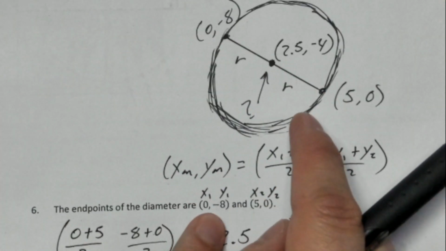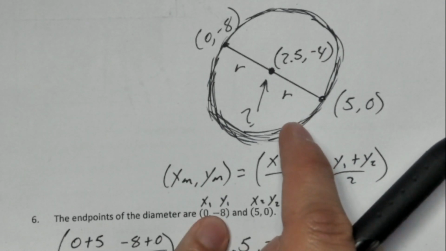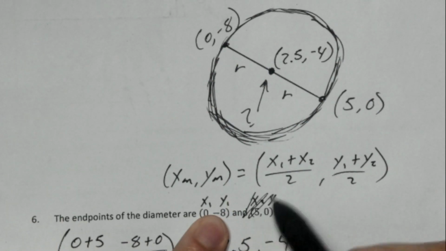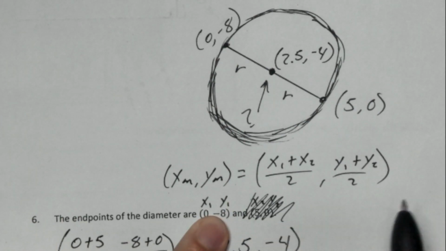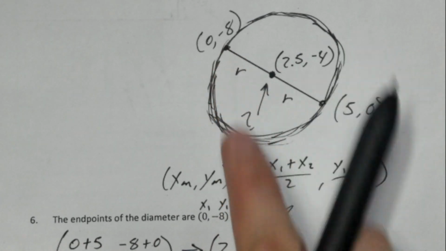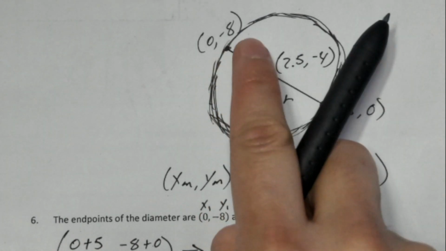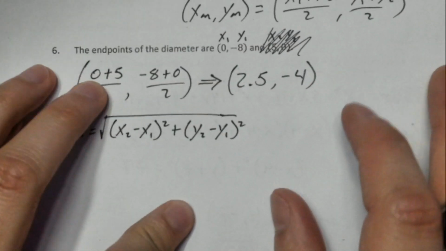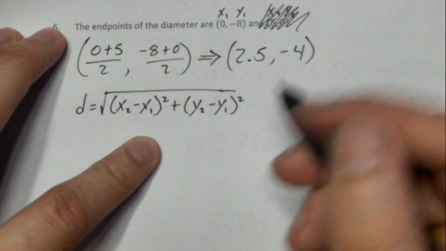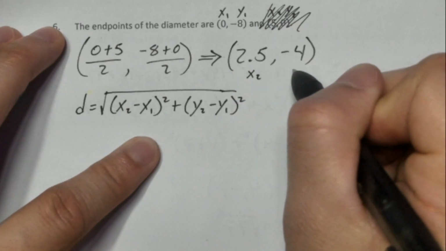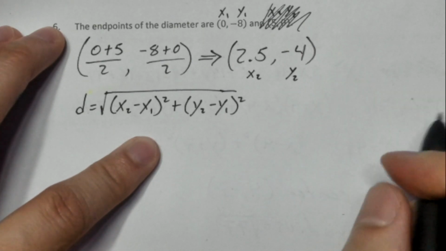This one already has the x1, y1, so I'm actually going to find this distance over here and disregard this point totally. I'm going from the center to here. So the center is my x1, y1, and this is going to be my x2, y2.